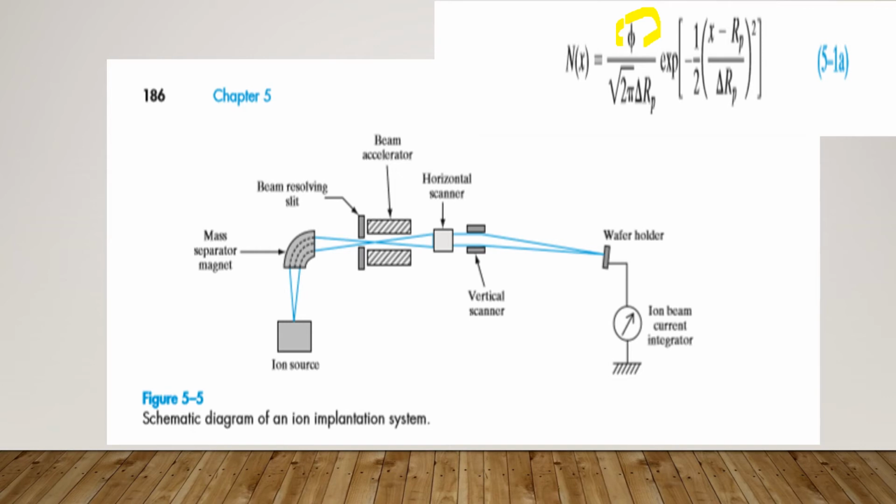This delta Rp is called the straggle, and it measures the half width of distribution at exponential minus 1 by 4.